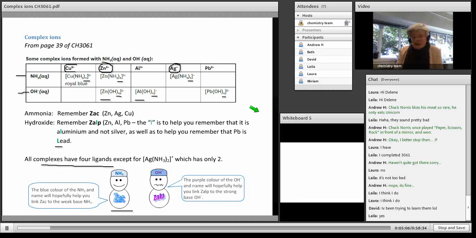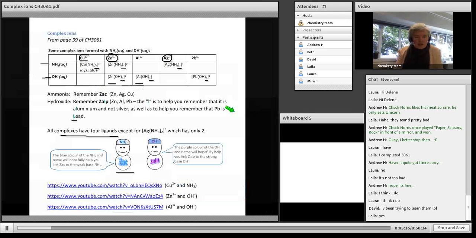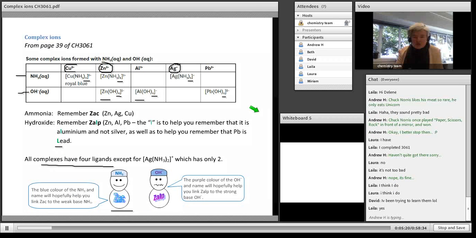It is nearly guaranteed. I've only found 1 year where they didn't ask about complex ions, and they did sort of imply complex ions, and they were trying to trick you. That was 2012, I think. So make sure you at least know your complex ions, so you'll know when they're trying to trick you. Yes, they like being devious.